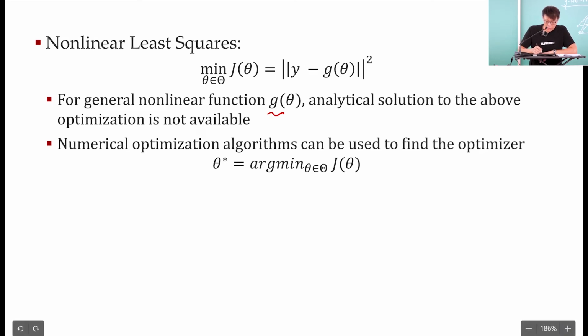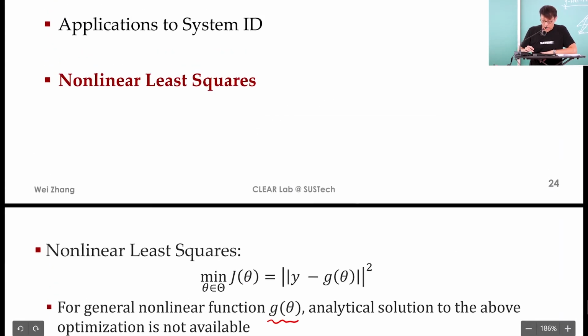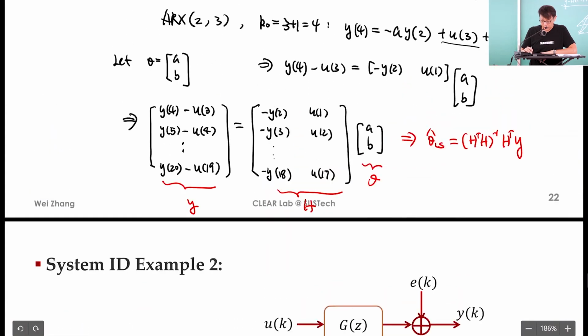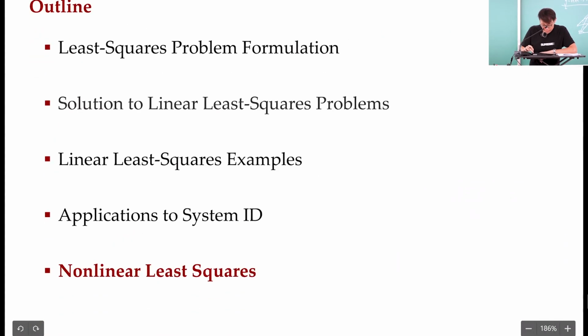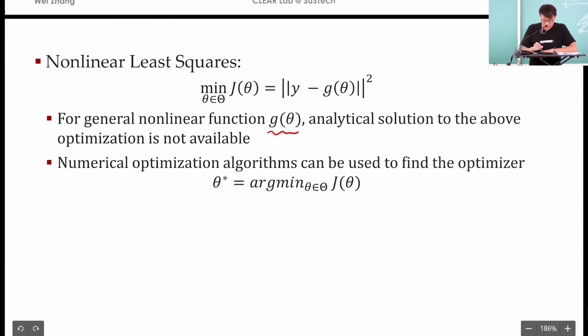Typically, as we see in this case, this will be our g of theta, equal to h times theta. That's our g of theta, the model predicted output. It's a linear function of theta. But oftentimes, it could be a nonlinear function.